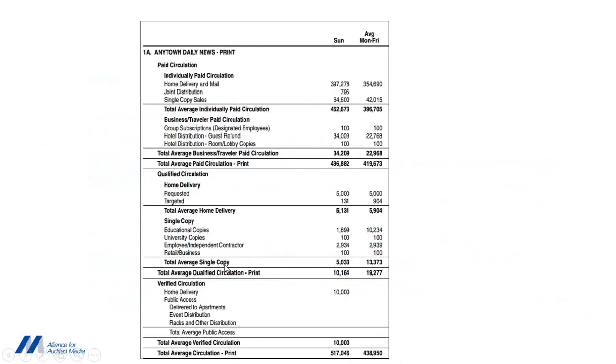Qualified circulation is where the end consumer did not pay for the publication, but we have a lot of information about that consumer, so technically it's non-paid distribution. We're also going to touch base about verified circulation. Verified is the second tier of non-paid distribution, and we'll get into what the differences are between qualified non-paid and verified non-paid.